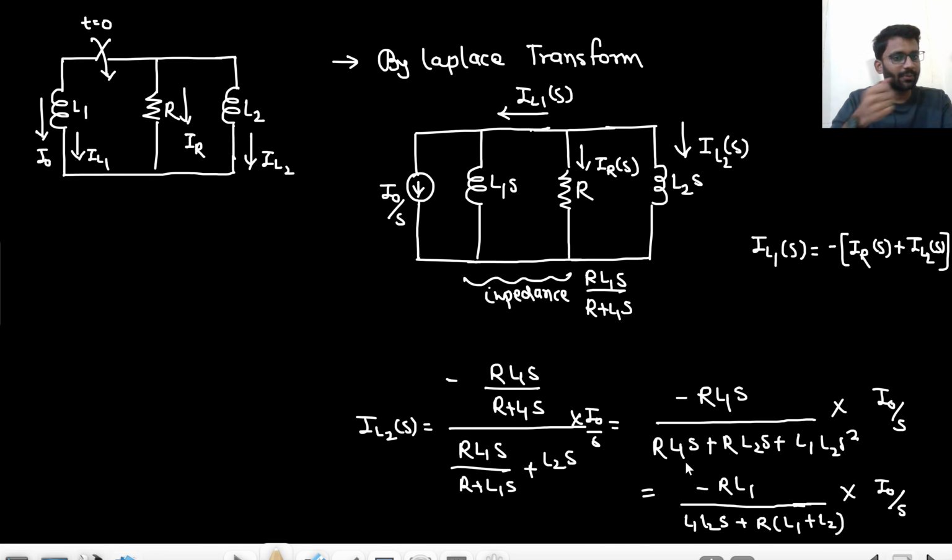It will keep on increasing and decreasing until in both of the inductances, the current is the same. So in L1 it will decrease from I naught to L1 I naught upon L1 plus L2, and in L2 it is decreasing from 0 to minus L1 I naught upon L1 plus L2. Are you getting my point? And in case of IR, what is happening? Initially it was I naught and eventually it goes to 0.